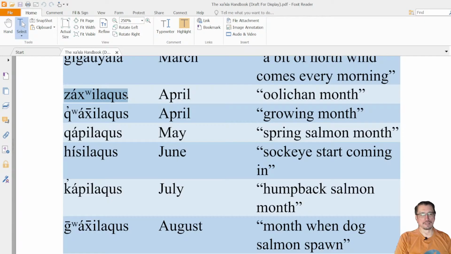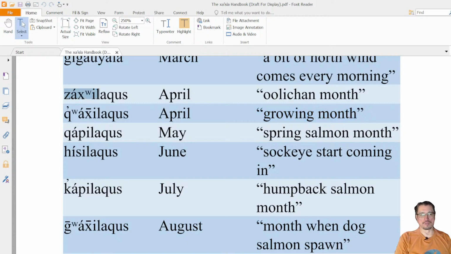Next is á'isla. And the meaning, or this is actually one name for April, and the meaning for á'isla is Ulican month. There's another name for April, and it's á'isla. So it's another name for April, and this name means growing month.